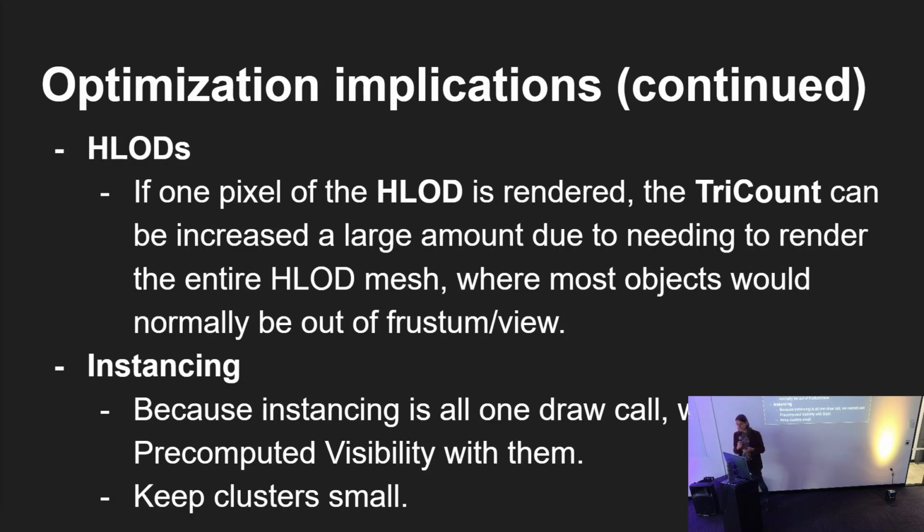A similar thing applies for instancing. Because instancing comes through as one huge draw call, we're passing in all of this information at the same time, so it's a lot harder for the system to do occlusion queries on it. So there are some balances there, and that's where you can do things such as auto-instancing for some mobile devices, depending on their support.